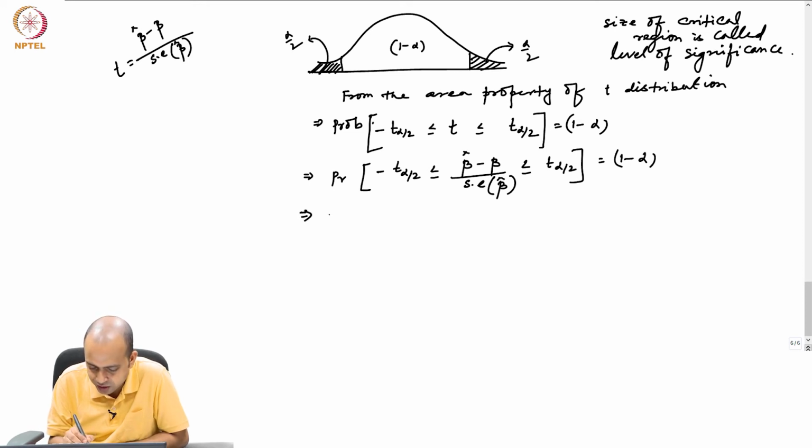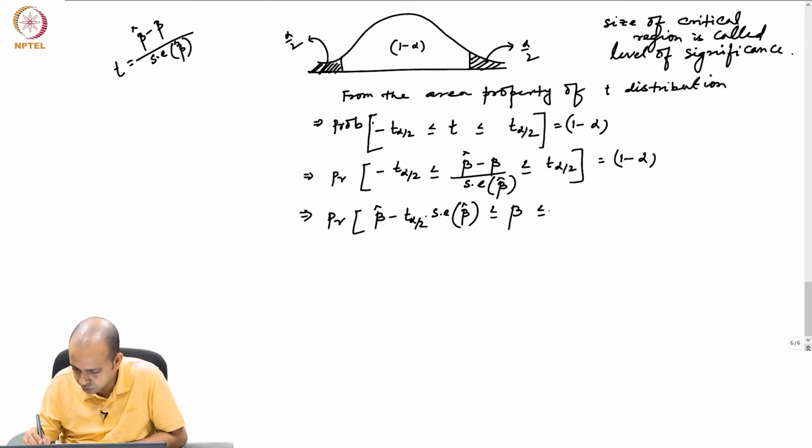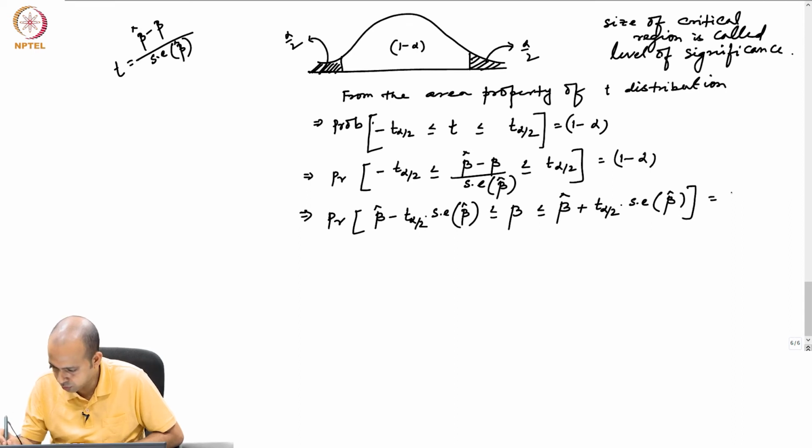After some rearrangement we can write that beta hat minus T alpha by 2 into standard error of beta hat less than or equal to beta less than or equal to beta hat plus T alpha by 2 into standard error of beta hat equals 1 minus alpha.